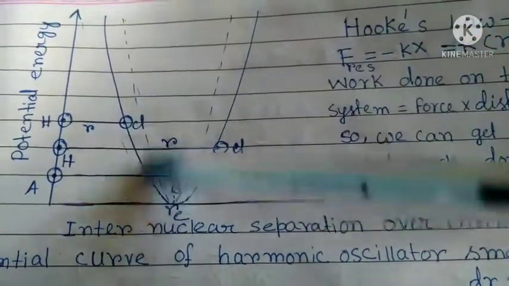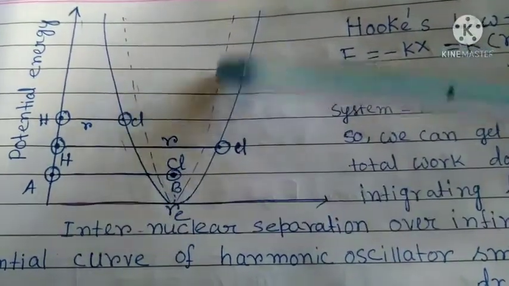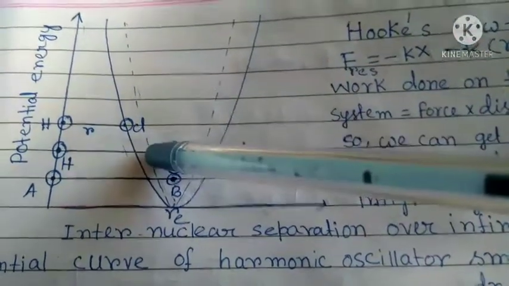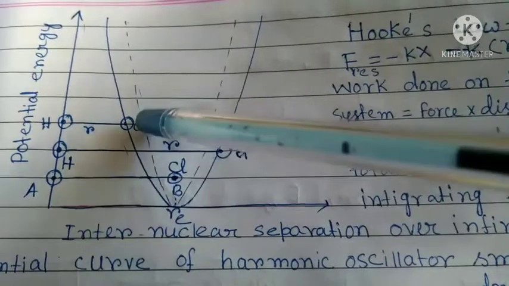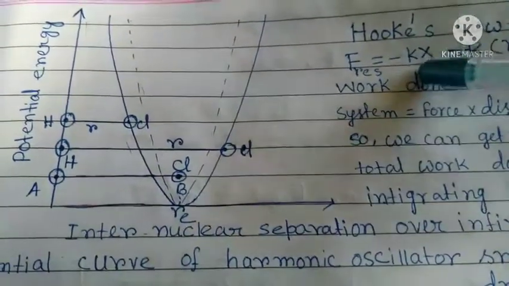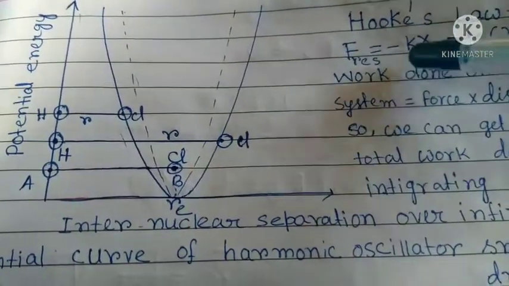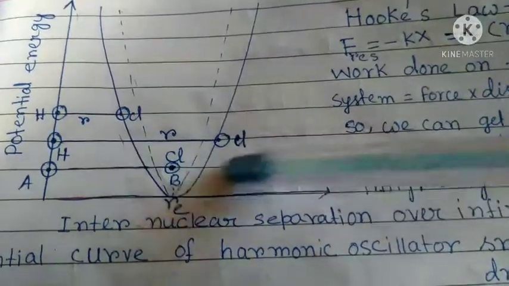This wall and this wall will be steeper in nature, because it is more difficult to stretch or compress the HF bond compared to the HCl bond, as the force constant of HF is much higher than HCl.